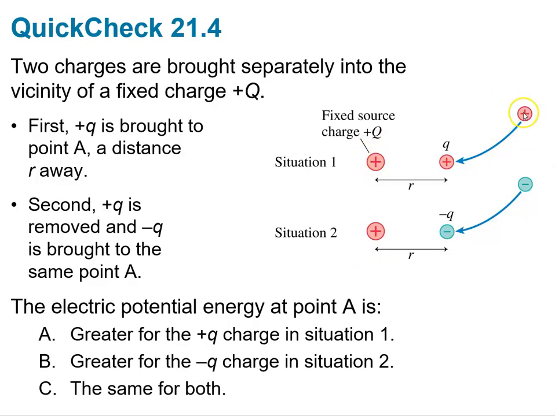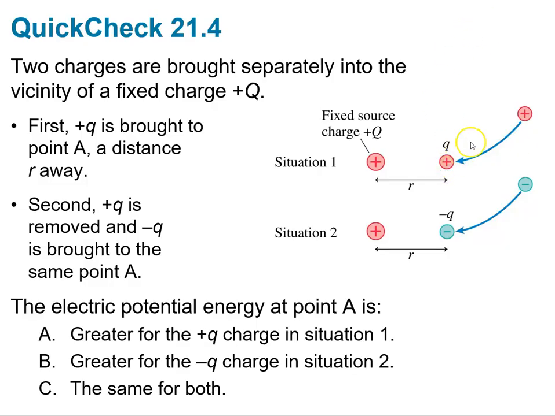In situation 1, you have a positive charge and it's brought close to Q. In situation 2, a negative charge is brought close to Q. The positive charge is removed and it's placed with a negative charge. And we want to know about the electric potential energy in situation 1 and 2. Is it the same or is it different?